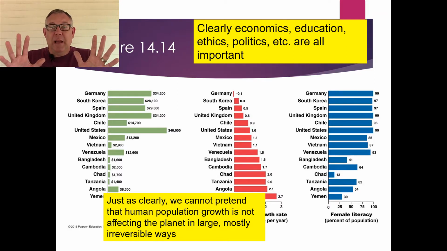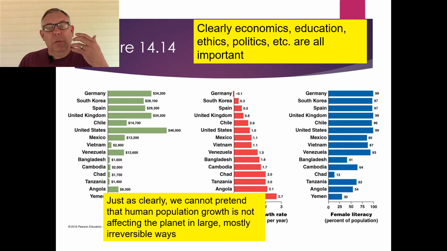There are a lot of people that would like to deny that, but I think the evidence is fairly clear. And again, if you look at the growth of the human population and how other populations grow, you'll see that we all eventually reach that limit. These are questions that cannot be avoided. In future lectures, we're going to talk about some of these different ways that we are affecting the planet.